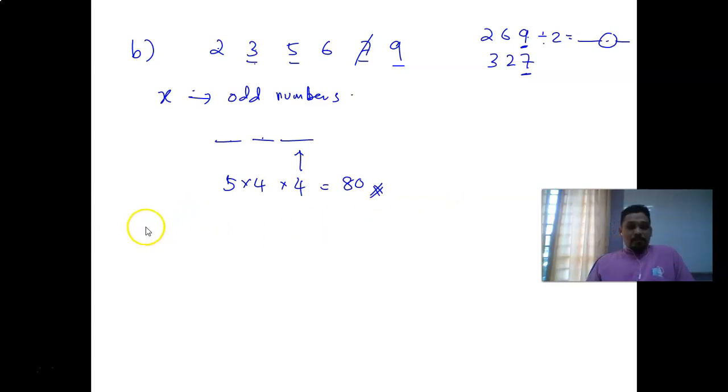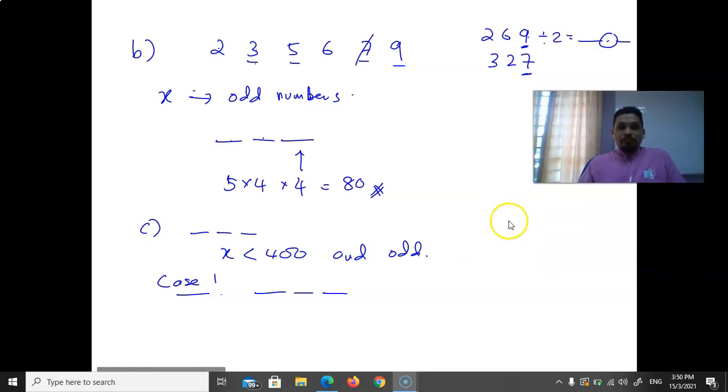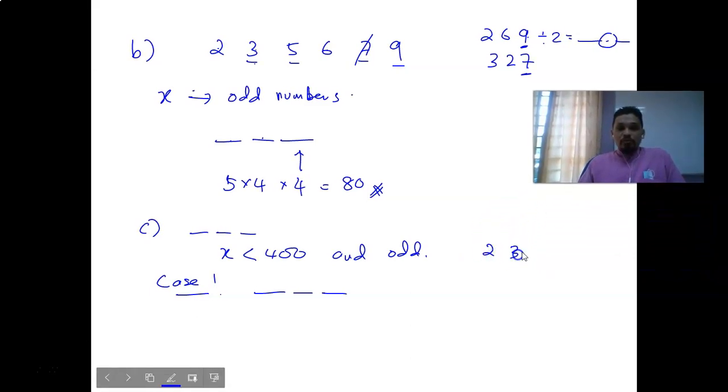And then for question C, the arrangement of 3-digit numbers X which is less than 400 and is an odd number. There are 2 cases here. Case number 1: we have 2, 3, 5, 6, 7, and 9.